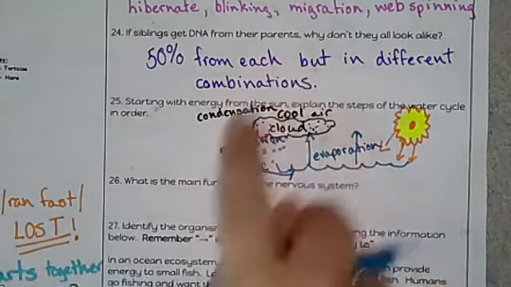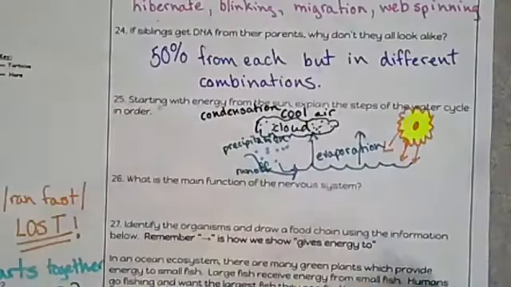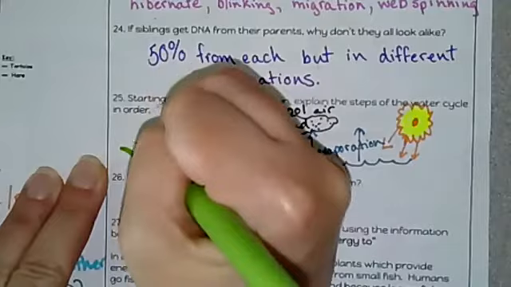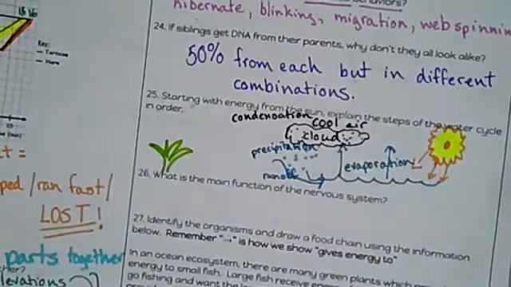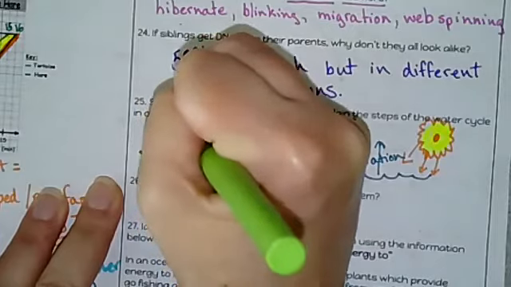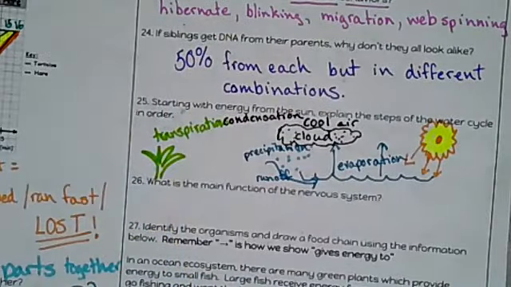So it goes around and around in a cycle. Don't forget to draw your plant over here and label it transpiration. That is evaporation out of a plant.